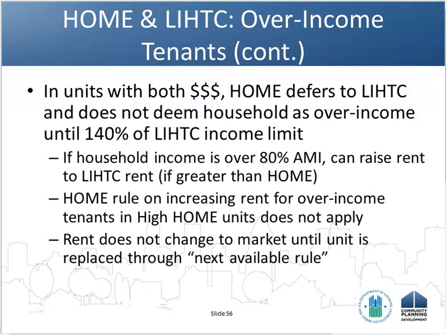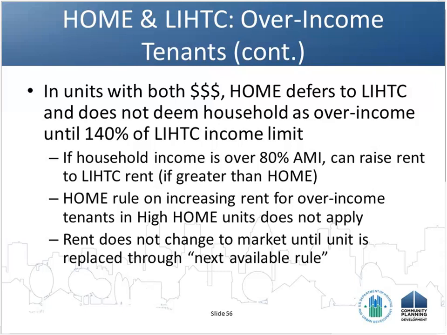So that's one adjustment we would be making, but we would not be making any other adjustment as we would for a non-tax credit unit of calculating 30% of their household income and adjusting rent in that way. So we can increase the rent up to the tax credit level.